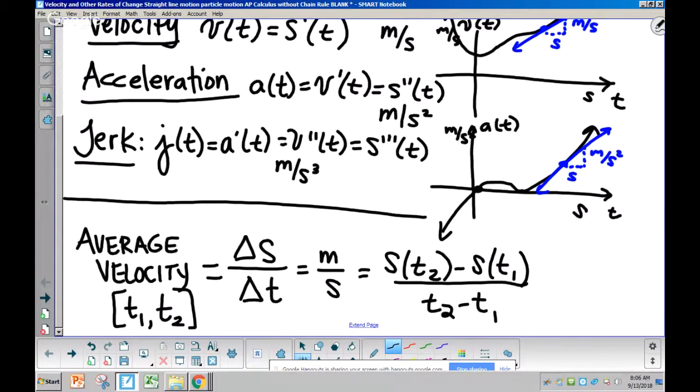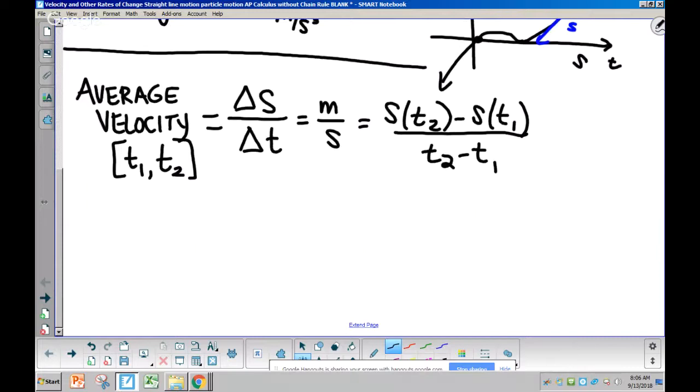Does that make sense to everybody? So average rate of change is over an interval. You don't use velocity when you do that.